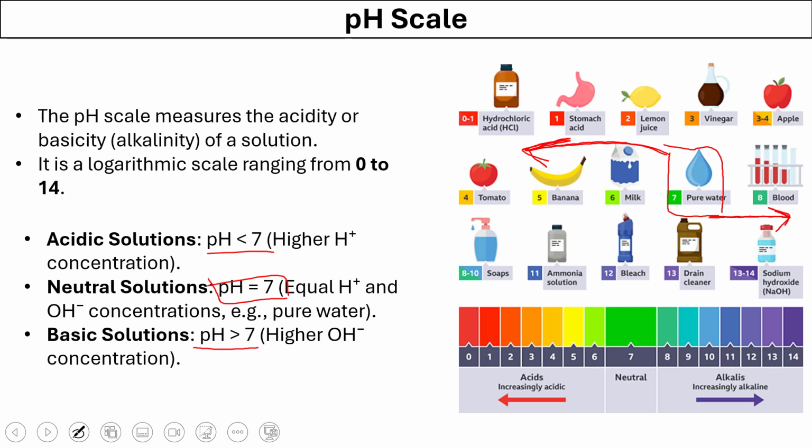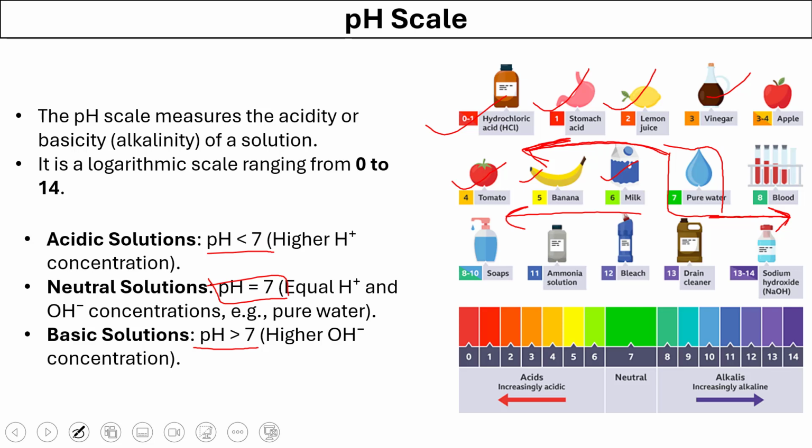So if you go towards this direction, you will see that the sourness of the solution is increasing. Milk is less sour than banana, tomato is more sour than banana, and vinegar is more sour than tomato. Lemon is more sour. Acid in your stomach is more sour than lemon, and ultimately you have hydrochloric acid, which is very, very acidic or sour.